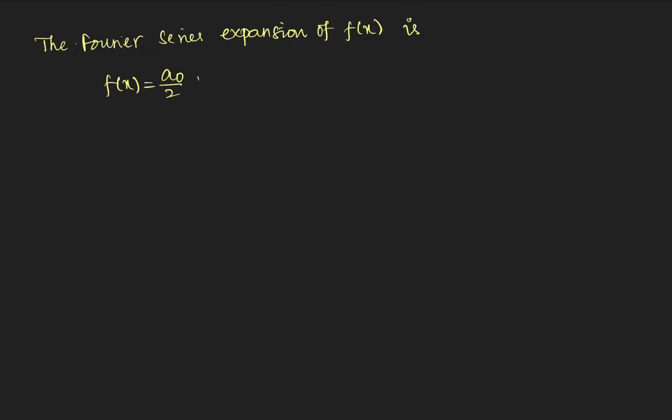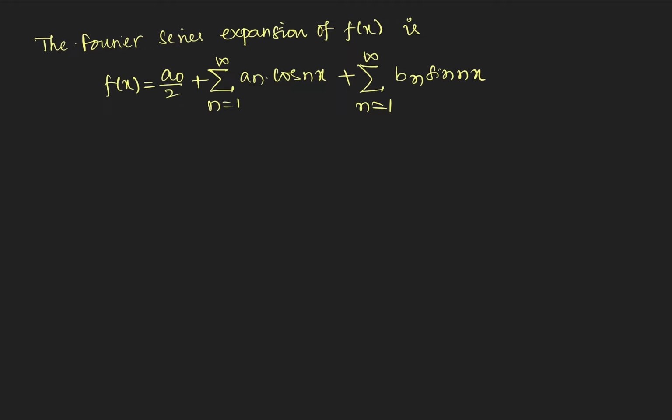The Fourier series expansion of f(x) is equal to a0/2 plus the summation n from 1 to infinity of an cos nx plus the summation n from 1 to infinity of bn sin nx.